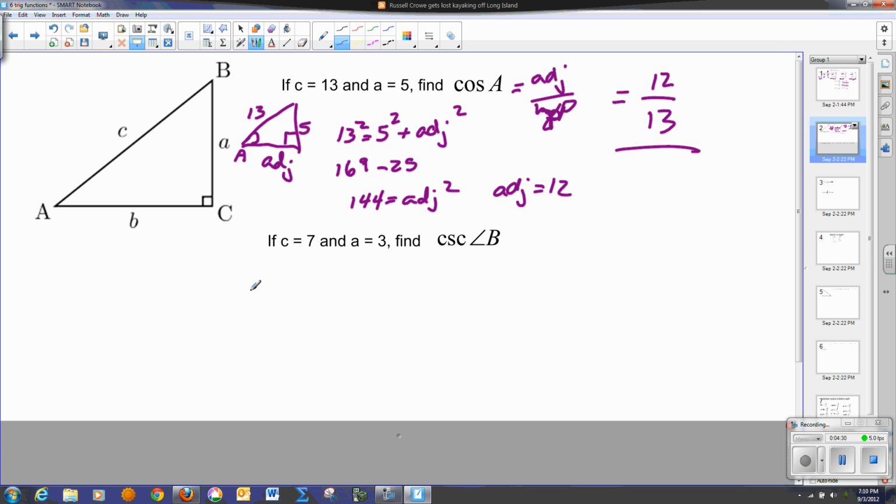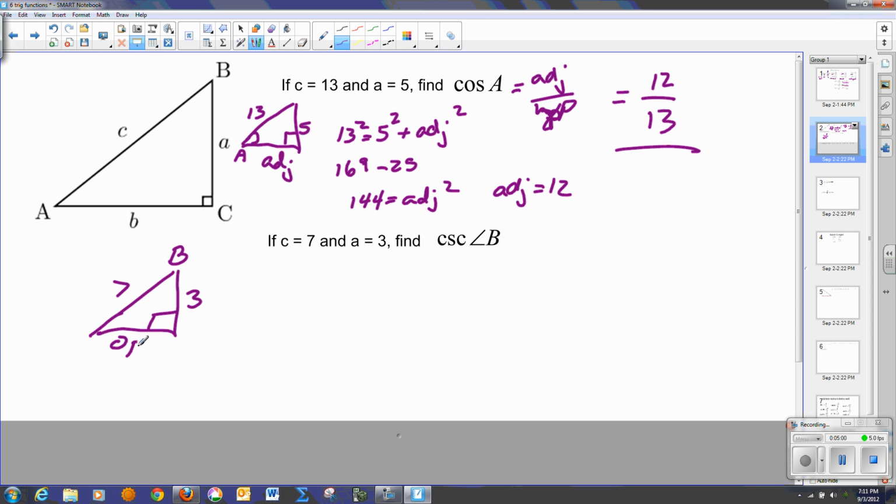Now, in the next case, I'm given a right triangle once again where I have a hypotenuse of 7. I'm given a side of 3, and I'm referenced to angle B now. So I need to know the relationship of this side to this angle. Well, this side, once again, is my adjacent side.